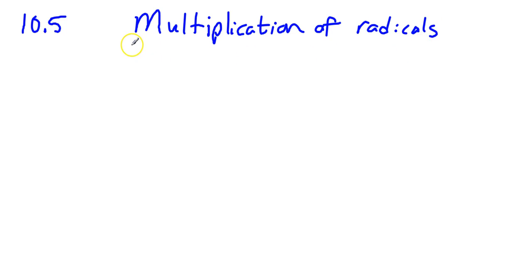Because when you're multiplying radicals, the good thing with this one is, as long as the index is the same, you can multiply anything you want to multiply. Doesn't matter if it's the same or not.